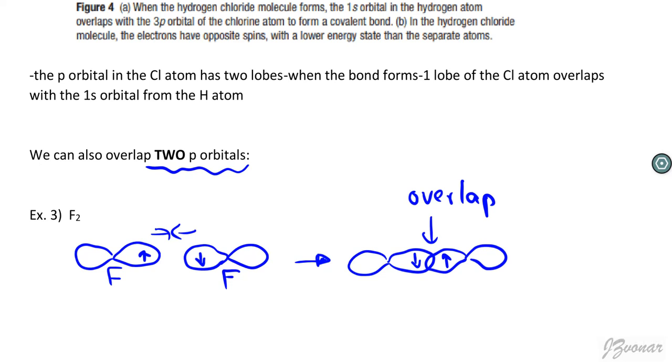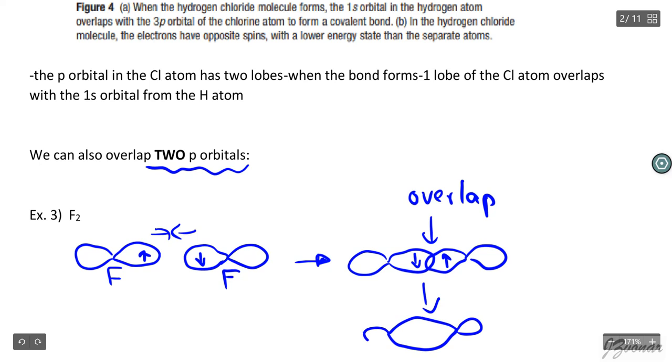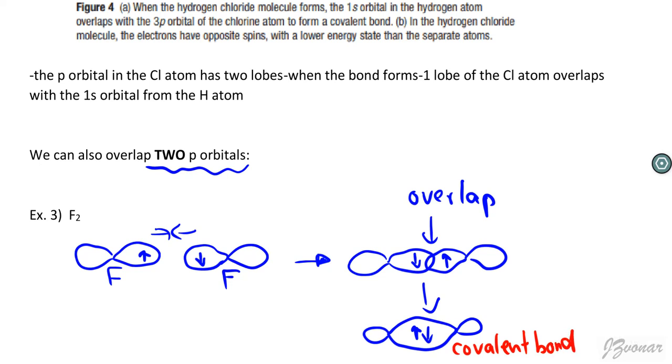And so what ends up forming then is a covalent bond. Okay, so this represents my covalent bond between the two fluorine atoms. That represents the two electrons being shared between the atoms.